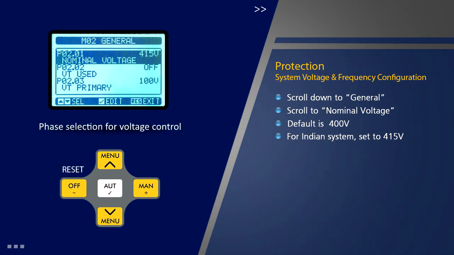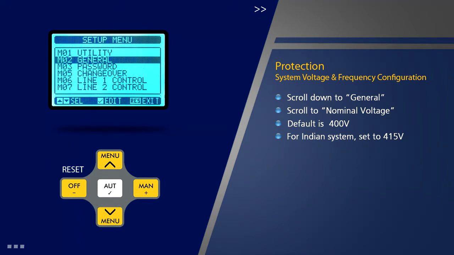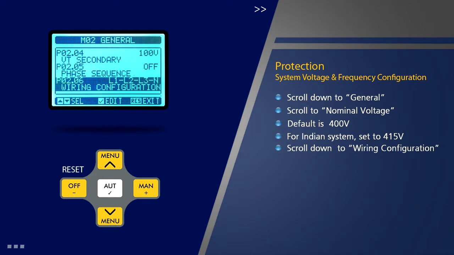Next, let us see the steps for phase selection for voltage control. Scroll down on the General page to parameter 6, which is Wiring Configuration, and press OK.